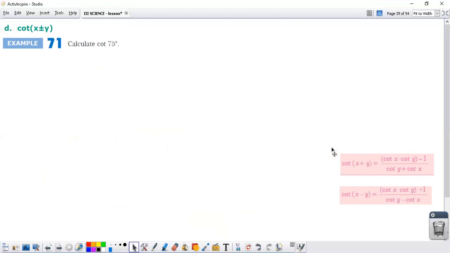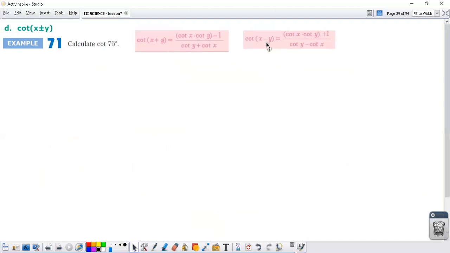And we have cotangent x plus y and cotangent x minus y. To calculate cotangent 75, we can divide 75 into 45 and 30, right? So the cotangent 75 degrees is equal to cotangent of 45 and 30 degrees.